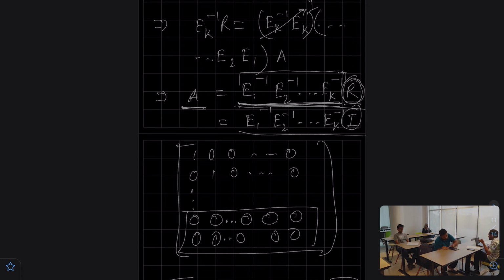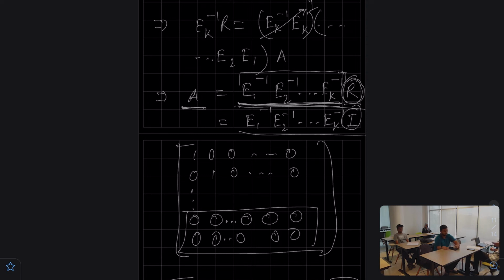But I start with R as a row reduced echelon matrix. And for an invertible row reduced echelon matrix, that is just the identity matrix. Because for a row reduced echelon matrix, we know that there are rows that are zeros and non-zero rows.